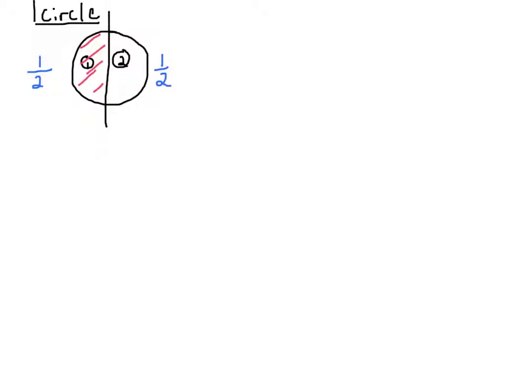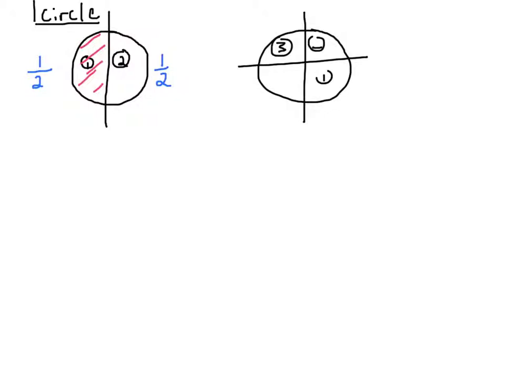Equal size. If I brought that a little further and let's say I divided my circle into 4 parts, so here's 1, 2, 3, 4 different parts of my circle.